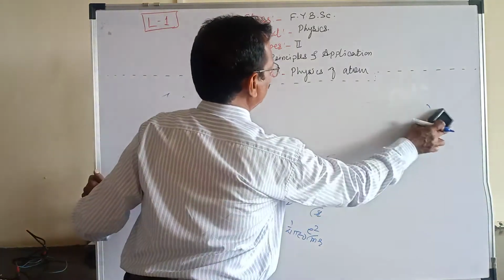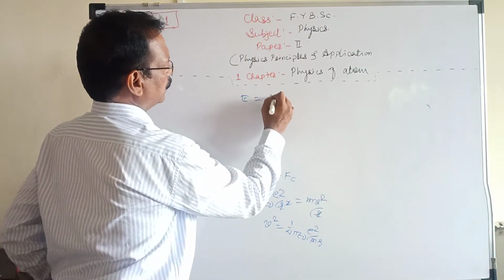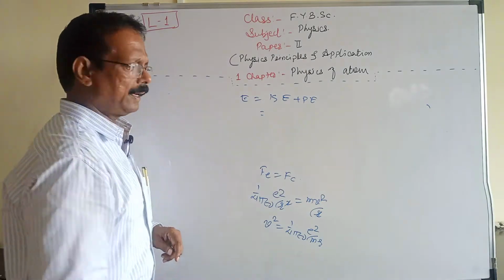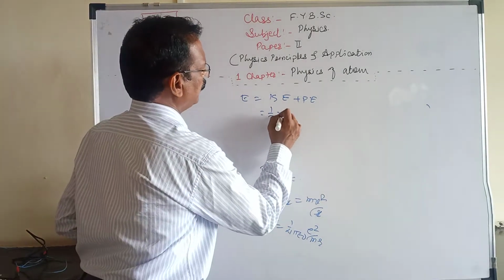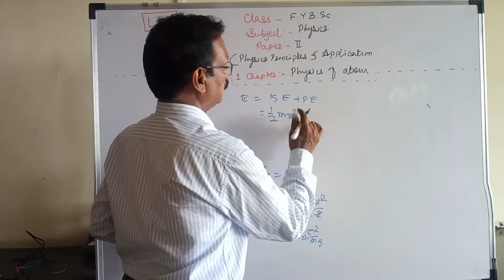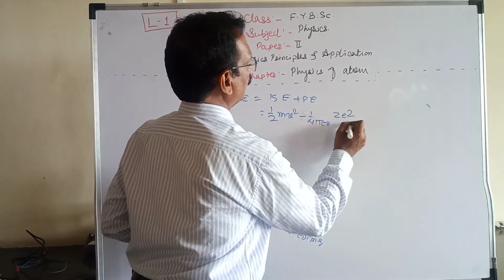Now we know what the total energy is. Total energy is equal to kinetic energy plus potential energy. Kinetic energy is equal to 1/2 mv², plus potential energy, which is negative, 1/4πε0 times Ze²/r.